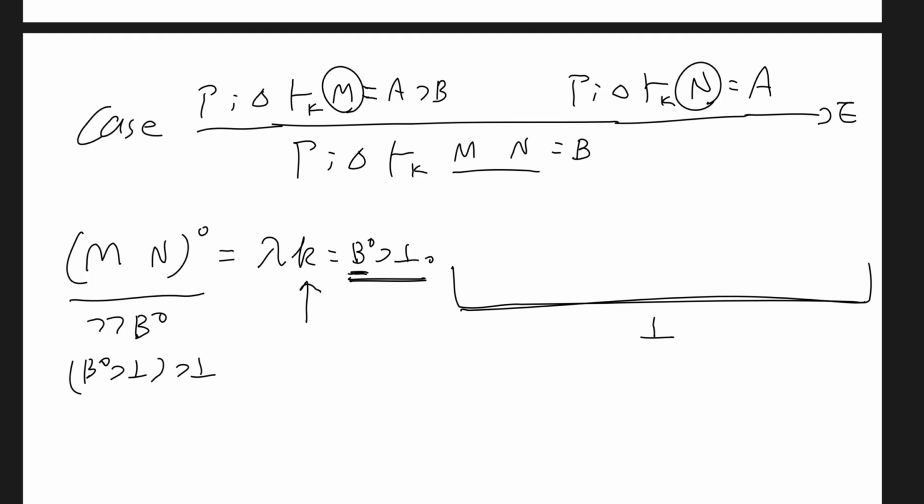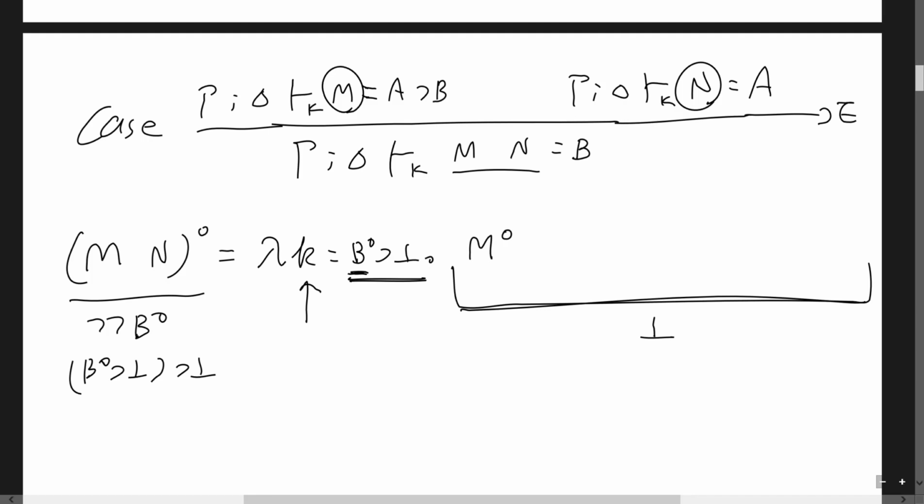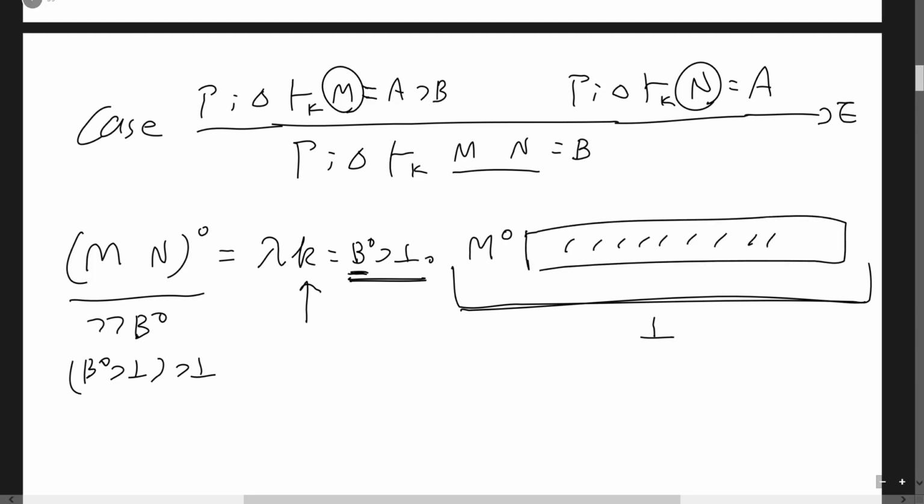So we first compute M circle and then describe what to do with the result of computing M circle. So this is basically the continuation that takes over the computation after M circle. So again, we compute M and then show what to do with the result of computing M.